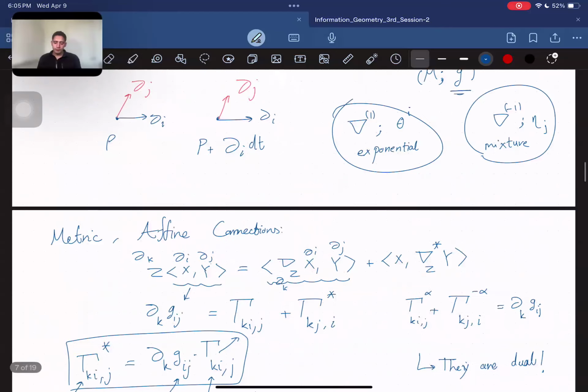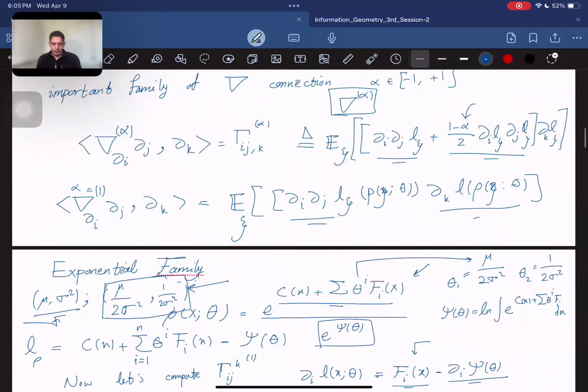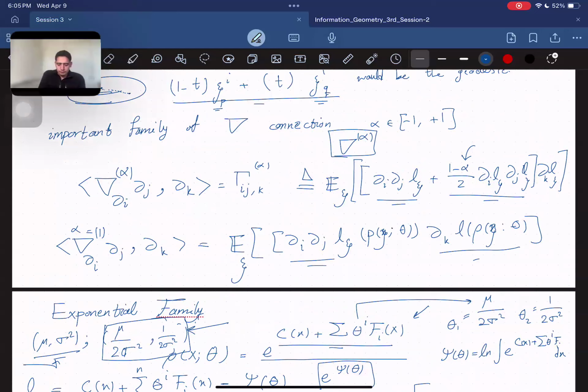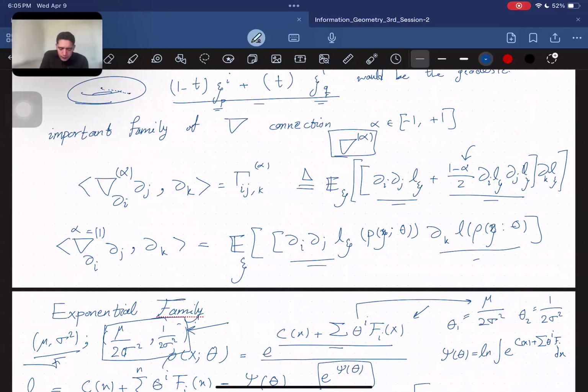Okay. Now let's take a look at the alpha connection we defined here. I think I can use this. Yes. So this is the way we defined it.